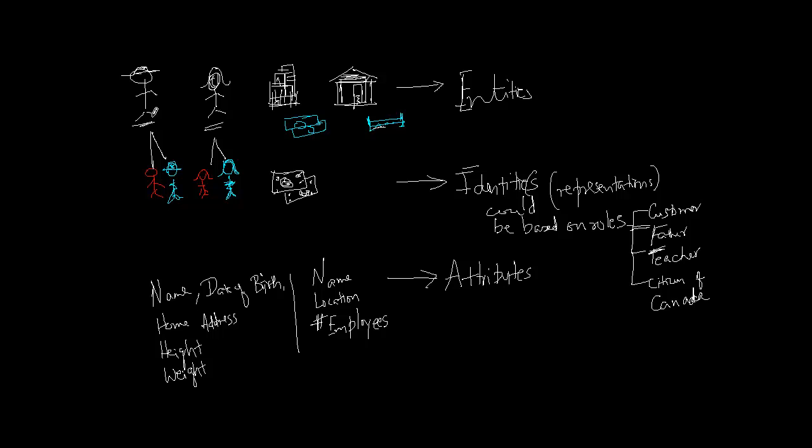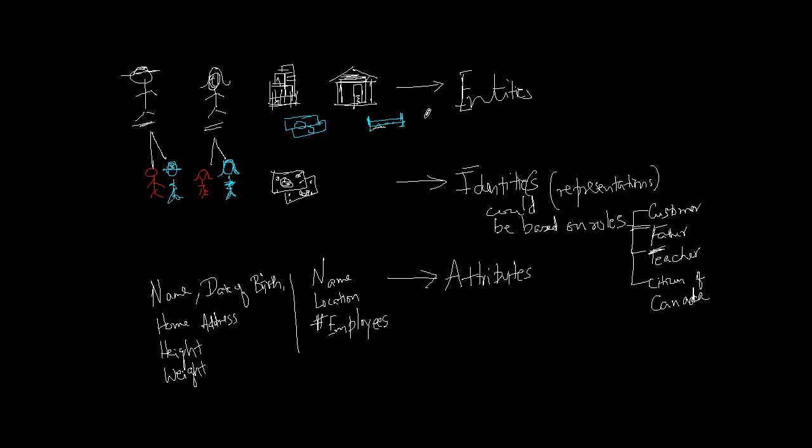We have a person here with a hat, a lady here, a brick and mortar building here, supposed to be a bank. That's what this currency is supposed to mean here. And a little house-like structure here. It's a house, a safe place for you to sleep at night. So these are entities. Now there could be much more. It is only a sampling of entities. This is what we deal with in the real world.